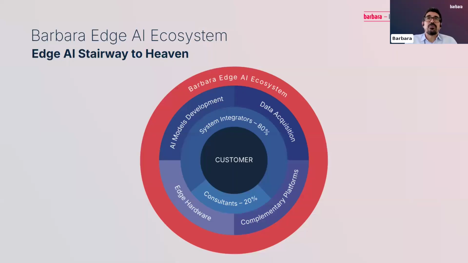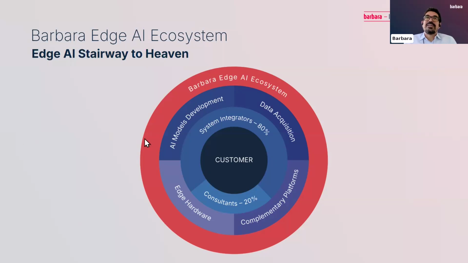Apart from that, I would also like to speak a little bit about our AI ecosystem. At the end, we are a platform, and our customers don't really need a platform, they need solutions. So Barbara is a platform that helps you get these solutions, and we have some partners and other resources surrounding the Barbara platform that make it possible.